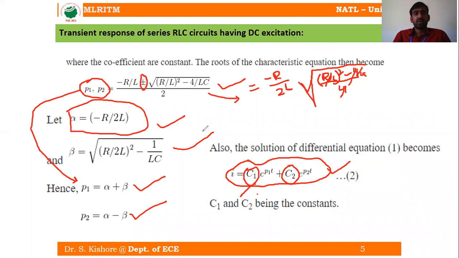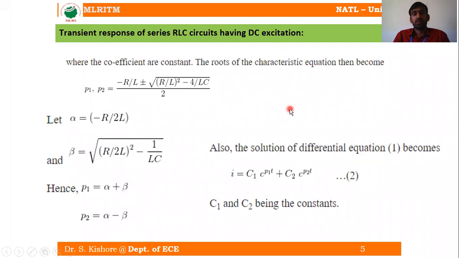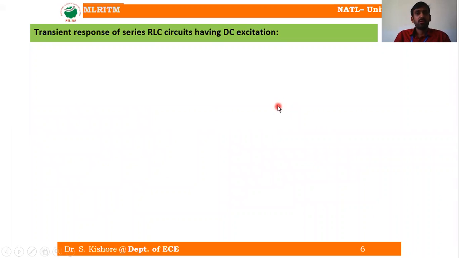Right. So next, let us consider different cases, as we are having plus or minus in the equation.